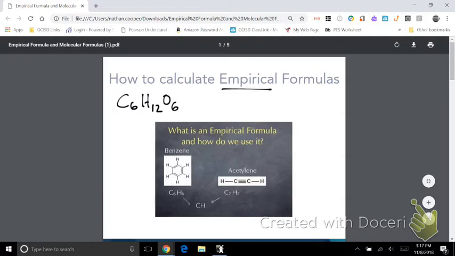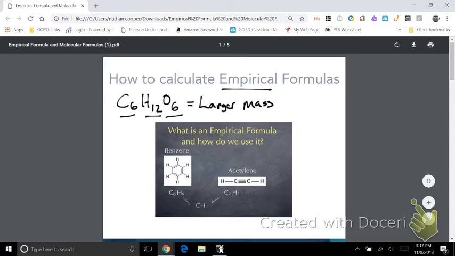And what you need to be able to see, if given a formula, when you see the word empirical, is that empirical means its simplest whole number ratio, its simplest form. Now this molecule has a larger molar mass because it has all of these atoms to make up that molecule.